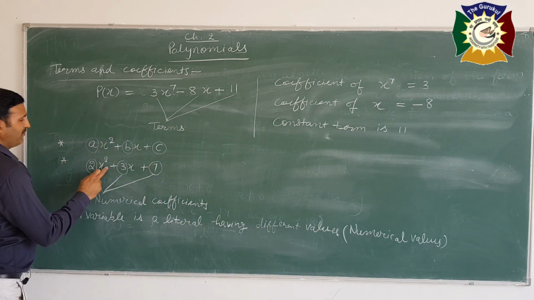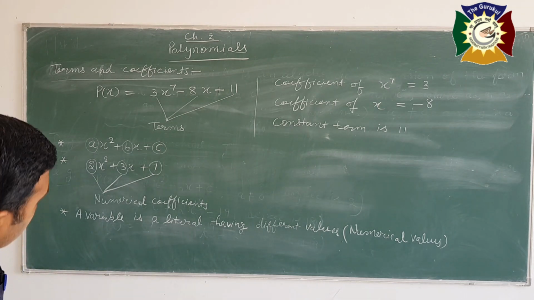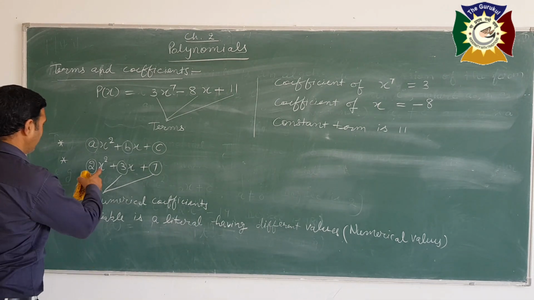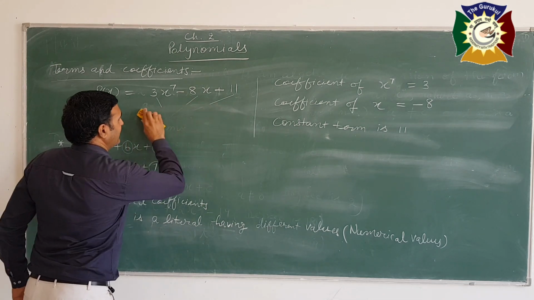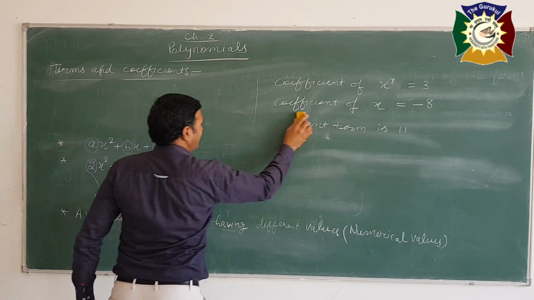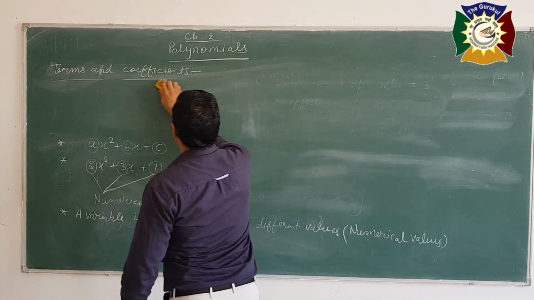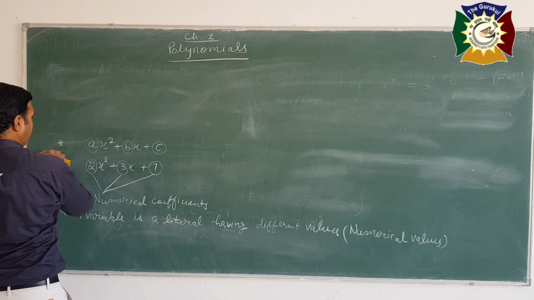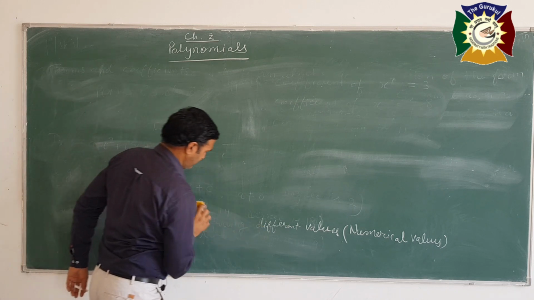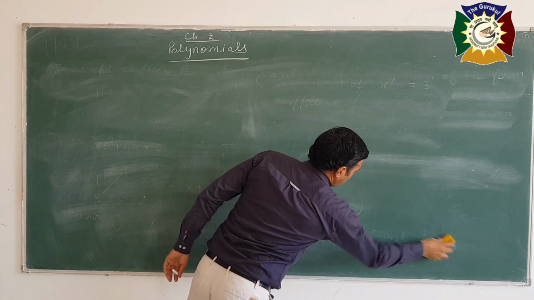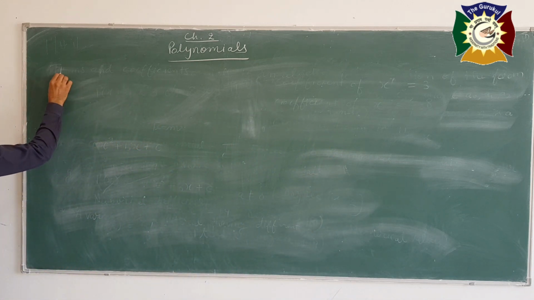In this, the value of x may be any number, any real number. So this is the variable in this particular polynomial. In this also x is a variable. X can take any real value. Now the types of polynomial.